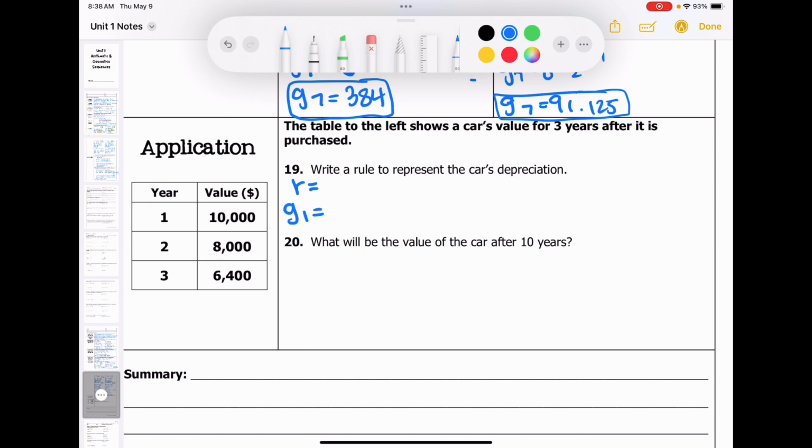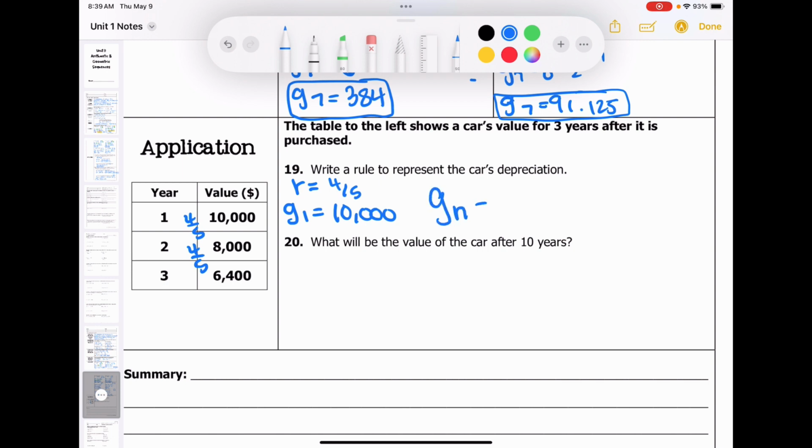So looking at the table, we can tell our first term is $10,000. And now to find my ratio, I'm going to take those numbers and divide them by each other. So 6,400 divided by 8,000 is 4/5. And then 8,000 divided by 10,000 is also 4/5. So that is our ratio.